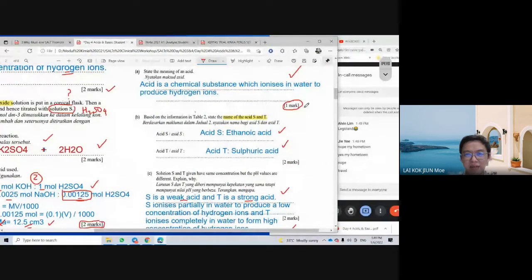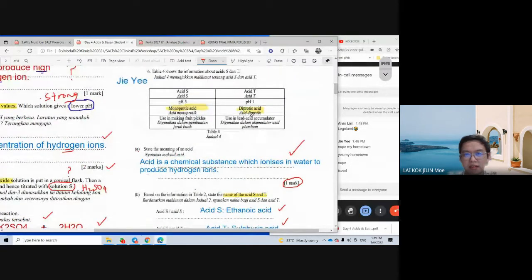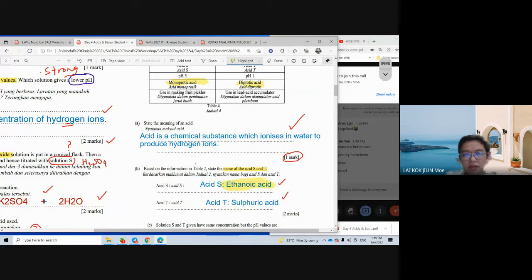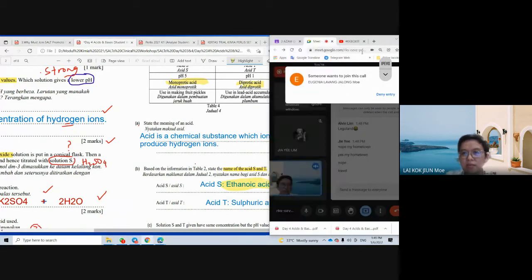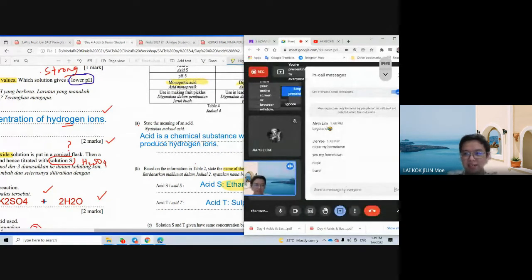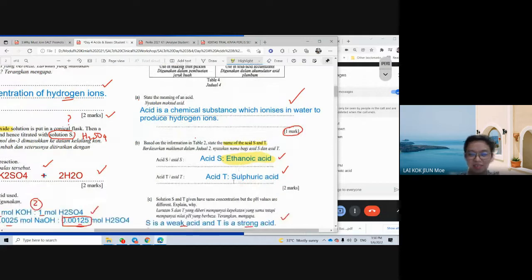Jie, agree 1 mark, no problem. And acid S is ethanoic acid, acid T is sulfuric acid, is it correct? How you know it's ethanoic acid? How you know, Jie? Ethanoic acid actually used for what in our daily life? Sometimes we also eat ethanoic acid, right? So ethanoic acid actually is what in our flavoring? Yes, vinegar. You like to drink vinegar, Alvin? Jie, you like to eat vinegar?